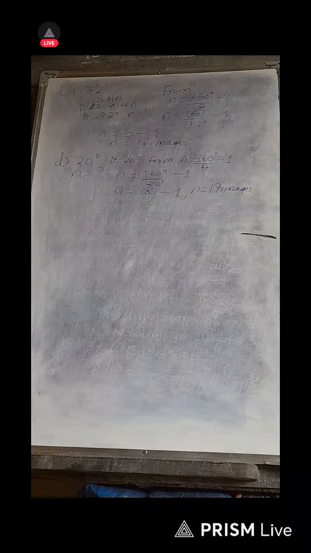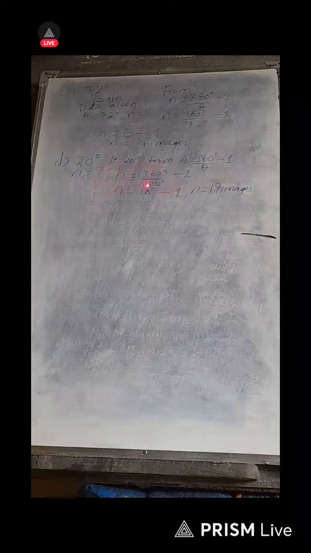So we have already covered that. There is no problem. We covered part D. We say theta is equal to 20 degrees. If theta is equal to 20 degrees, what will be the number of images? From the formula, n is equal to 360 degrees over theta, minus 1.